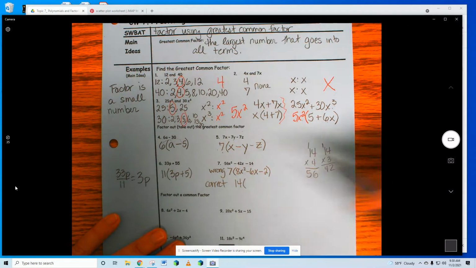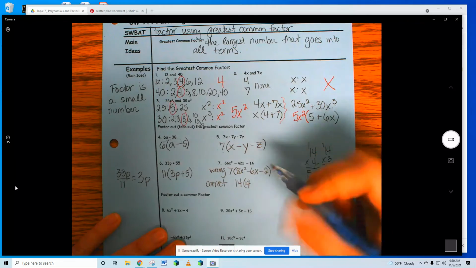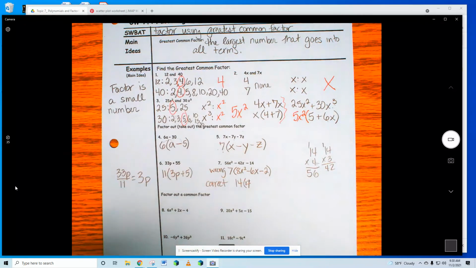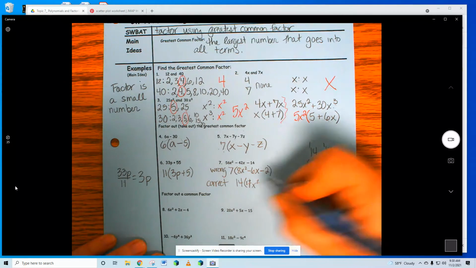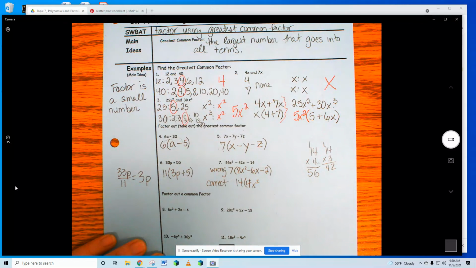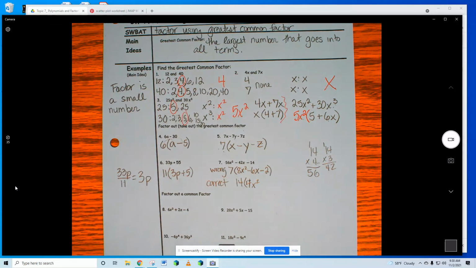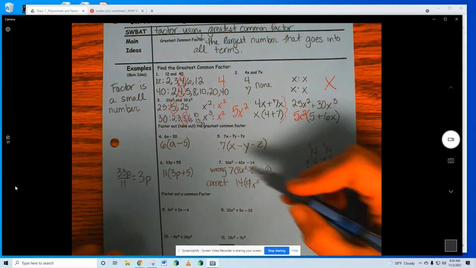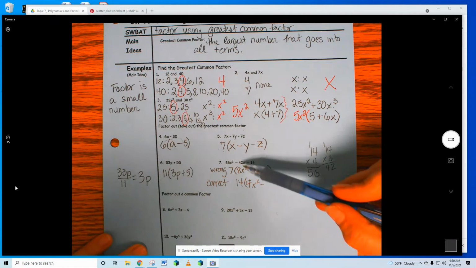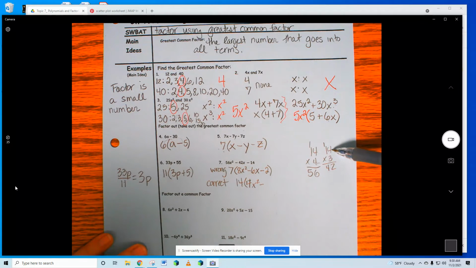56 divided out of 14. 4. X squared divided out of, okay, well, x squared. If there's nothing to divide out, you just write what's there. Subtraction sign. 42 divided by 14.